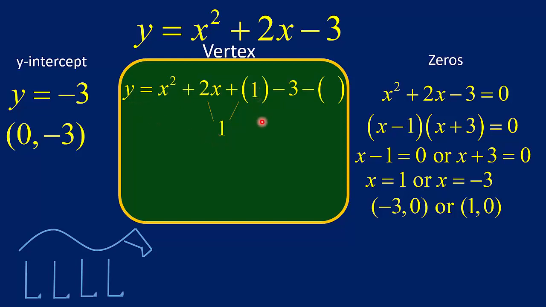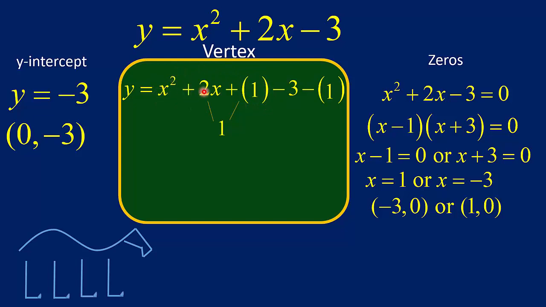Now, that can't stand as it is. I can't just willy-nilly add things. I've got to remember if I add something, I need to subtract it off. So really, I've done nothing. And you may think, well, why in the world did you do that? Well, because what I've done here is I've performed this operation called completing the square.